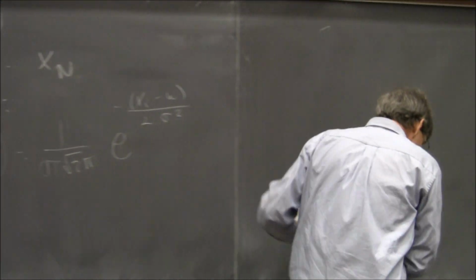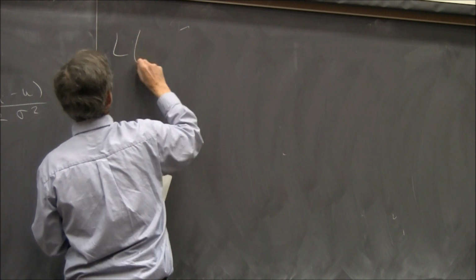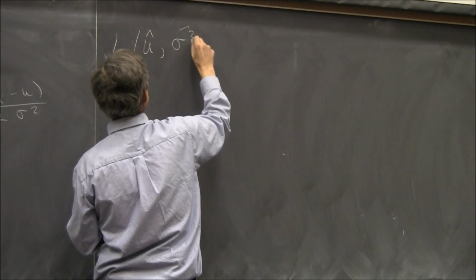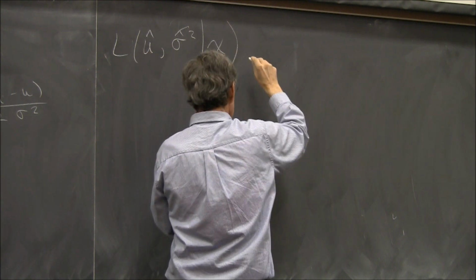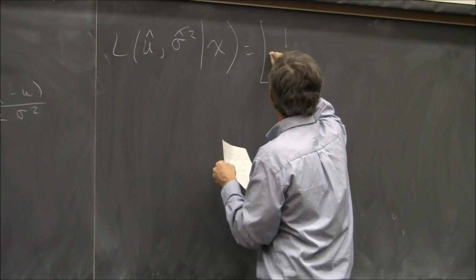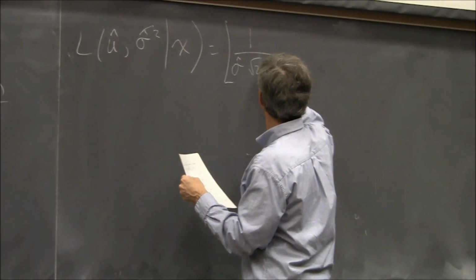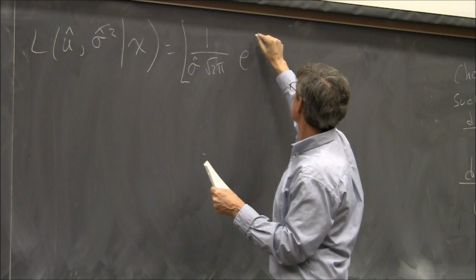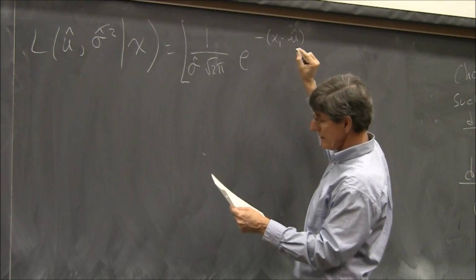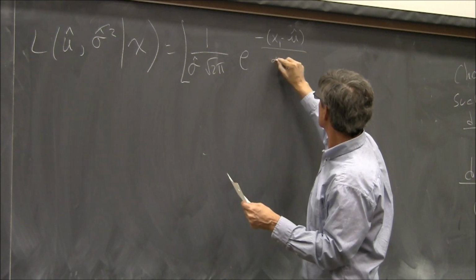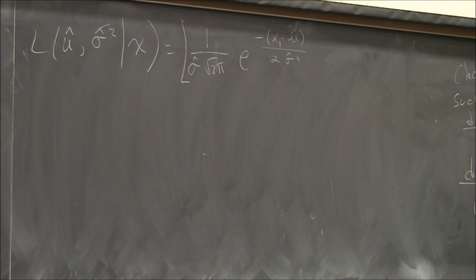So we write down the likelihood function, L of mu hat, sigma squared hat. That's what we want to find, given our data, is this product, 1 over sigma hat square root 2 pi e to the minus (x1 minus mu hat) squared over 2 sigma hat squared. I'm just putting the hats into the estimators I want to find.